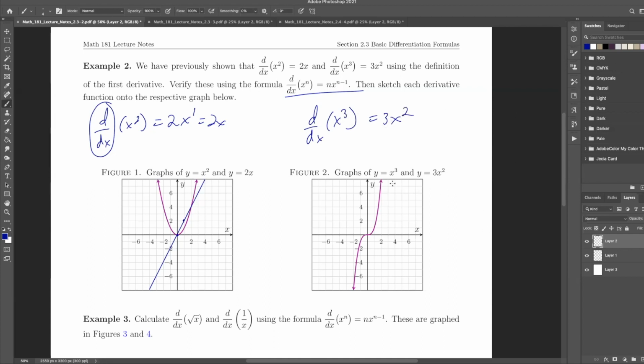So here we get this. And if we were going to graph that real quick, this will be 3 times x squared, so it would be 0 at 0. The next spot would be over 1 and up 3. The next one would be over 2 and up 12, so like way off the graph. So roughly like this.